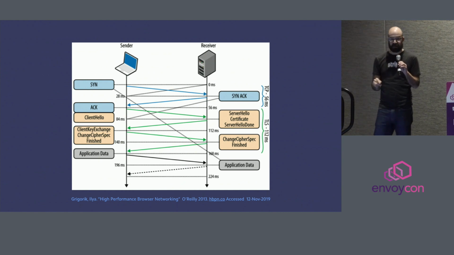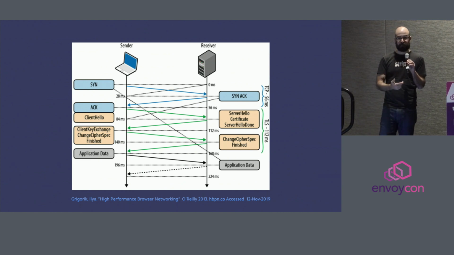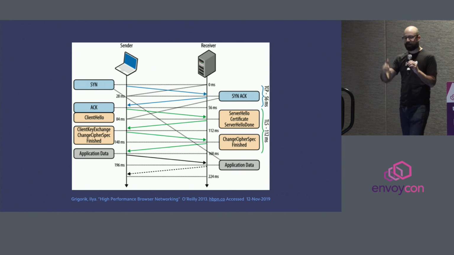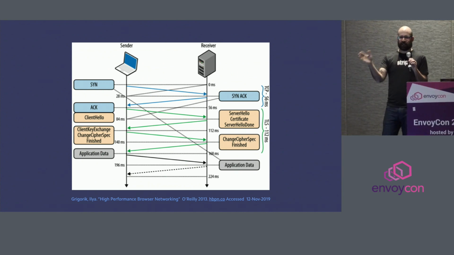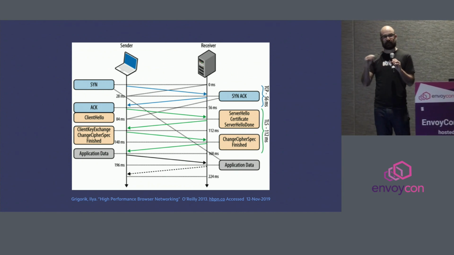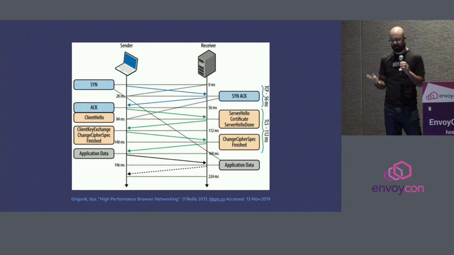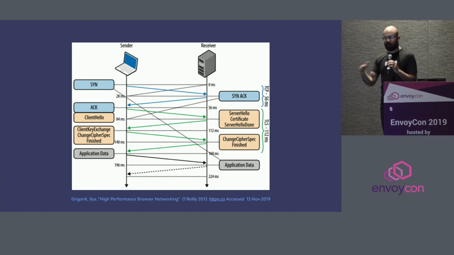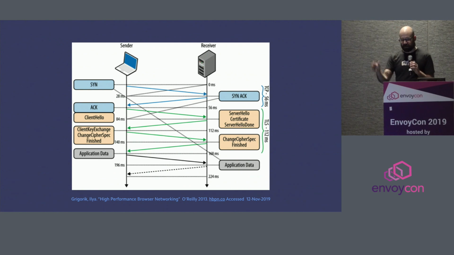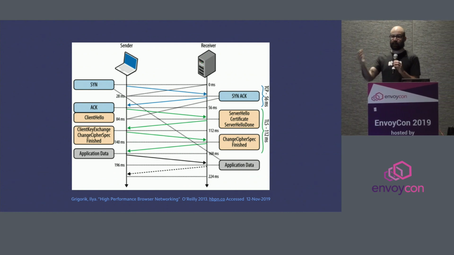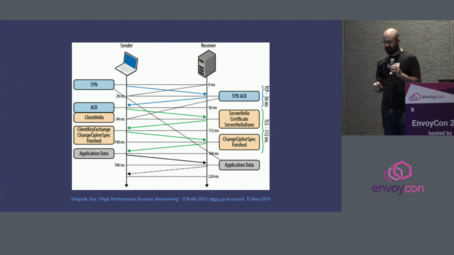So between the sender and the receiver, we have a full round trip, just to open a TCP connection. We've got 2 more to exchange cipher suites and set up TLS, et cetera, et cetera. This is all before we can exchange any meaningful application data at all. Now, TLS 1.3 and things like that have some mitigations to make this faster, but those aren't widely adopted yet.